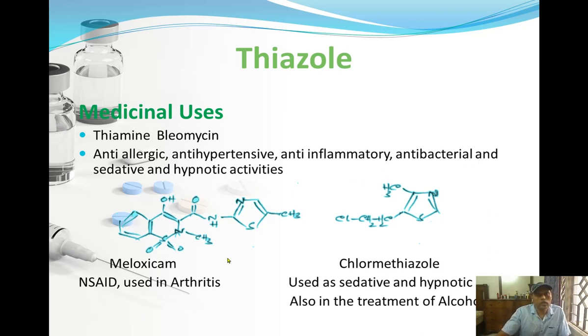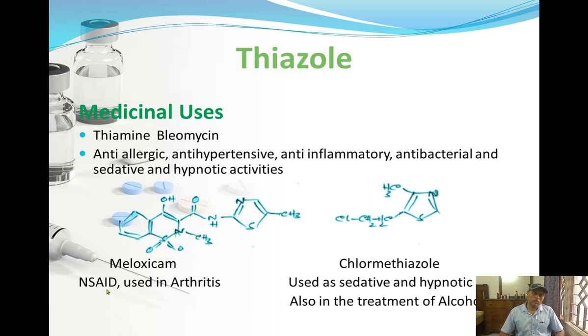So here are the two examples. The first one is meloxicam. You can see the thiazole ring here, right? Meloxicam is an NSAID, non-steroidal anti-inflammatory drug, used for pain, fever, inflammation, redness, swelling. But here, meloxicam is particularly used for arthritis.